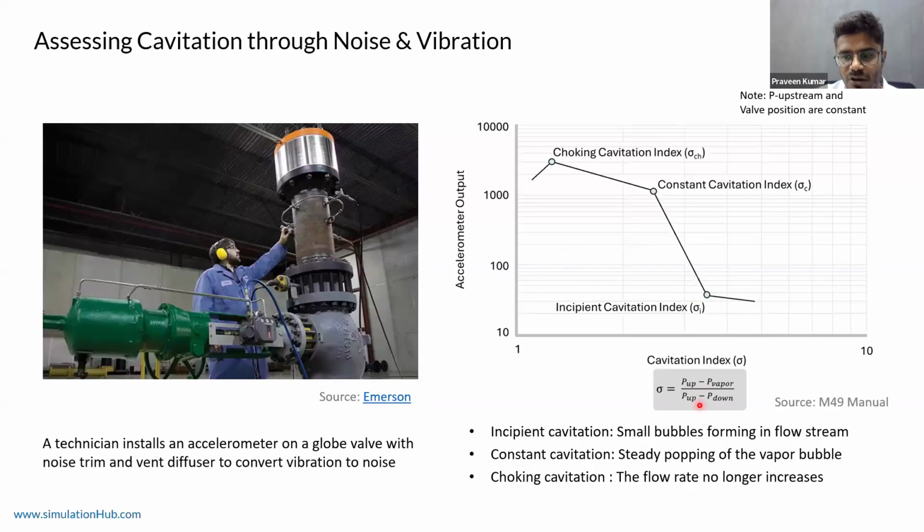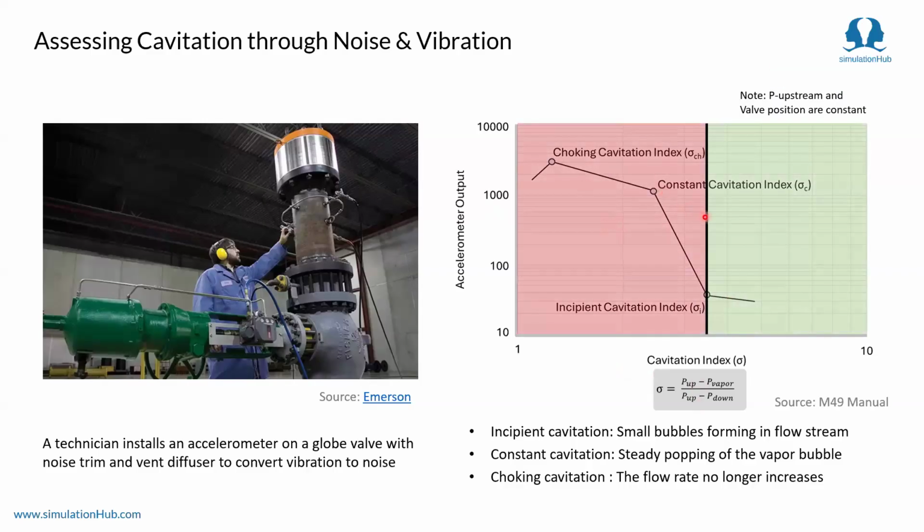It's just the reciprocal, so the above and below parts will vary accordingly. I don't want to explain more and cause confusion, so we'll clear this up in further slides. When you fall below the incipient cavitation index, or above it in the reciprocal terms, you are in the cavitation zone.